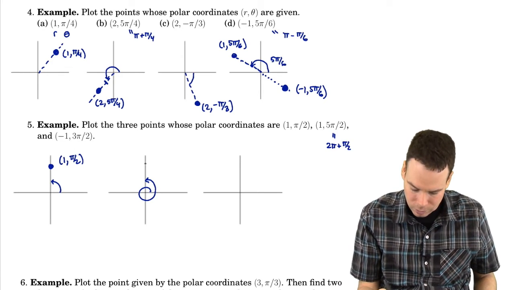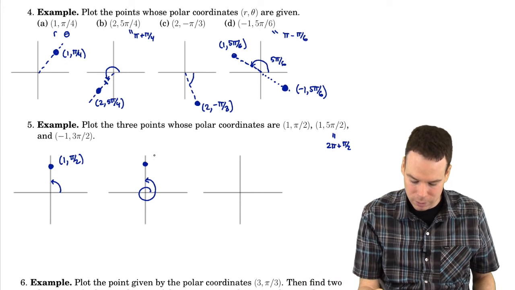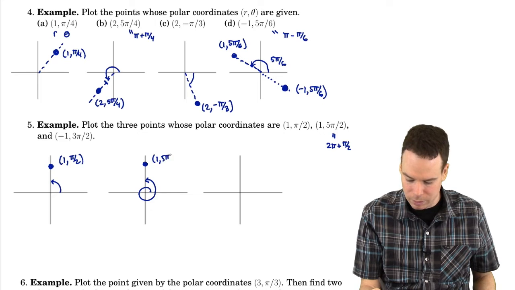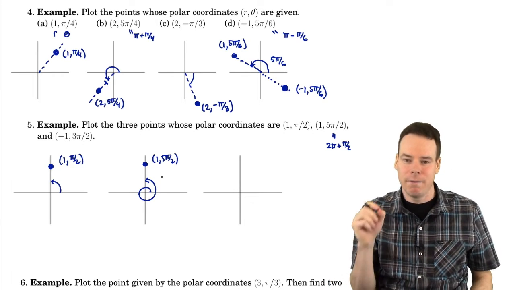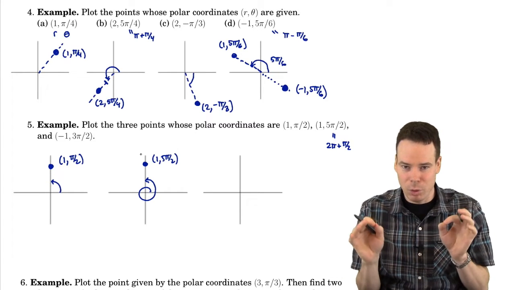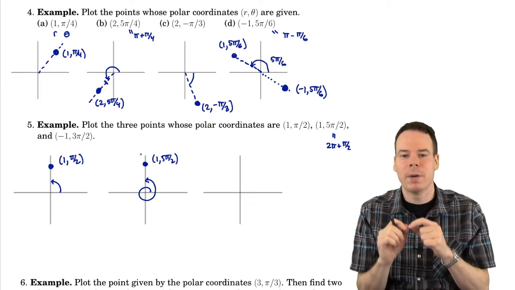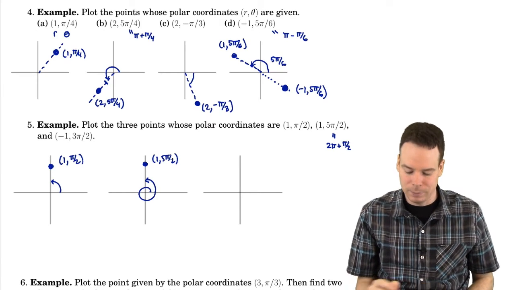And then we're 1 unit along. Oh, we're at the exact same point as before. So there are 2 different representations of that same point. It's the same point in space, we've just represented it in 2 different ways based on the angle.